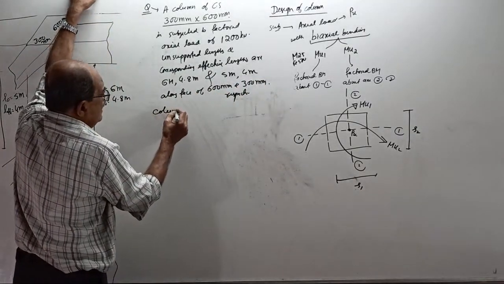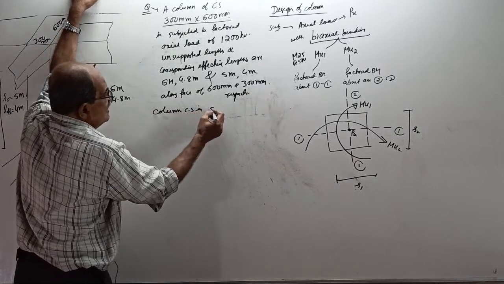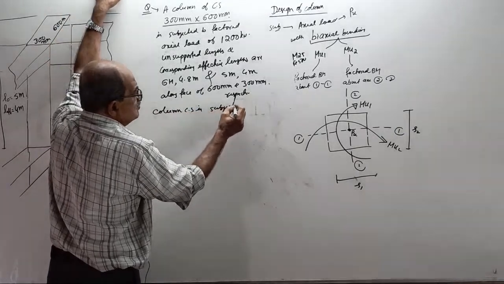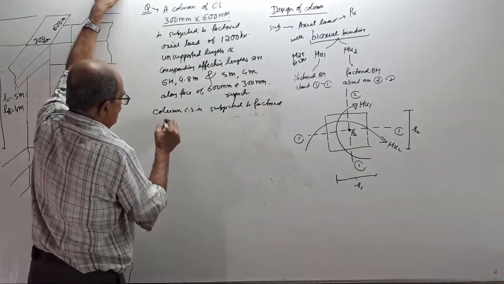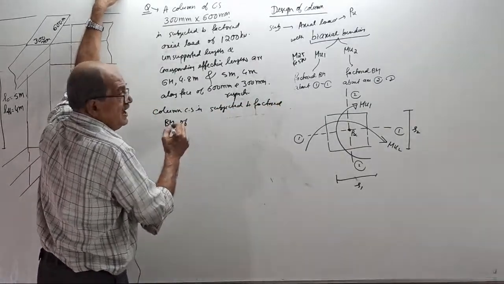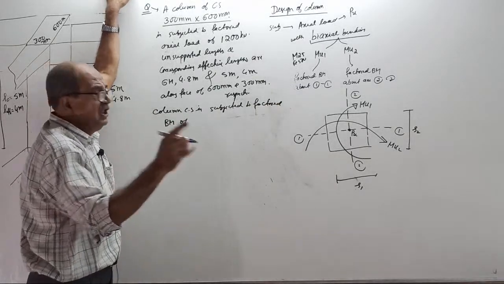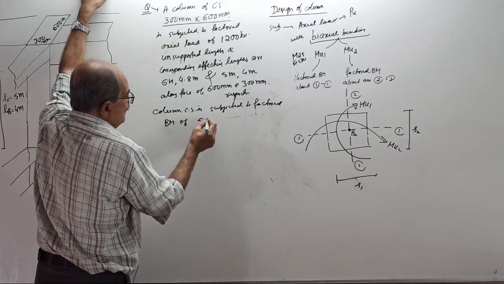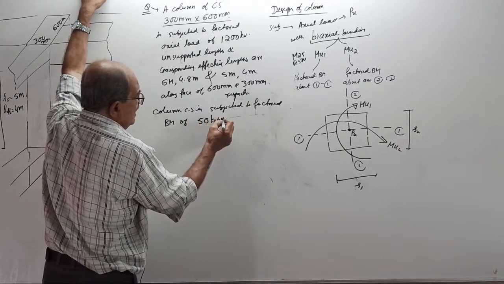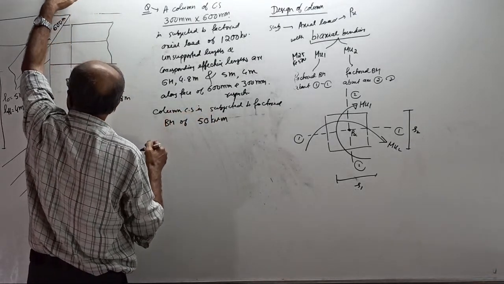Now, the column cross section is subjected to factored BM of, I'll give a BM value, for example, some 50 kilonewton meter, okay?